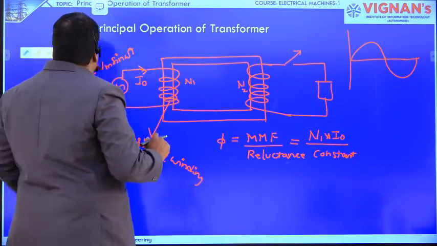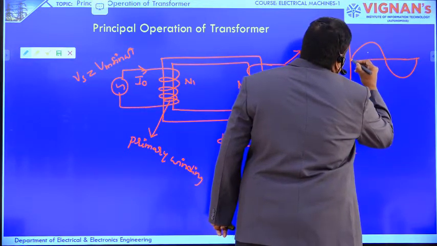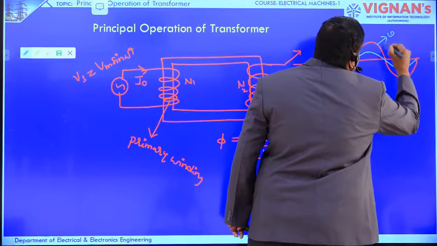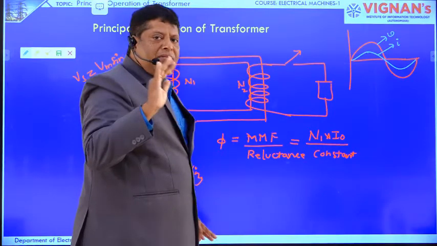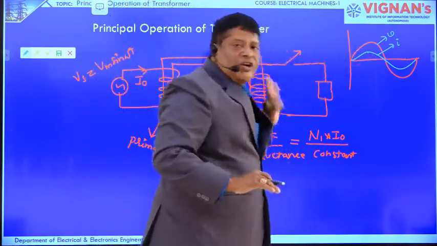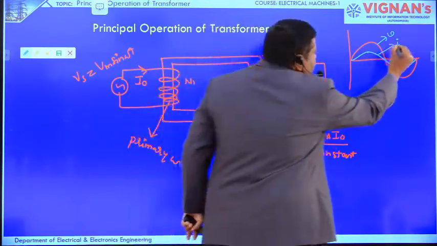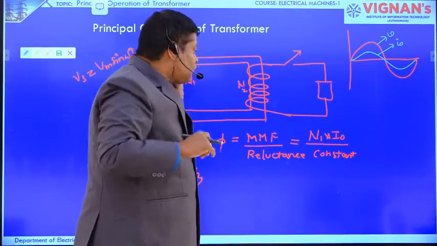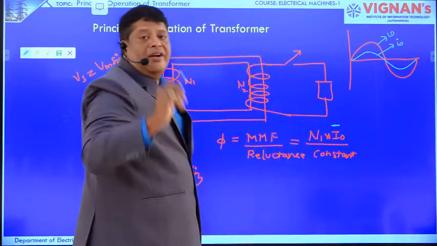I can draw it like this: this is the voltage waveform, and this is the current waveform. The magnitude will be different, depending on different parameters that we will see later. The current is sinusoidal. This is I0. The current taken by the primary winding is also sinusoidal, nothing but the nature of I0 is sinusoidal.